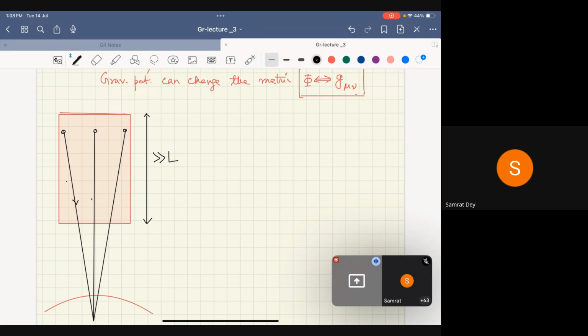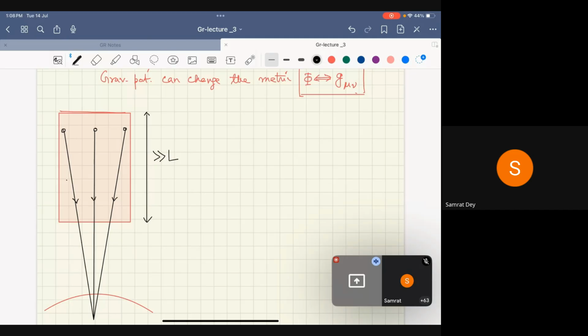As they are released from the height within the lift and fall towards the floor of the lift, they will be moving towards each other. These two trajectories will be going closer and closer because everything is being attracted towards the center of the earth.